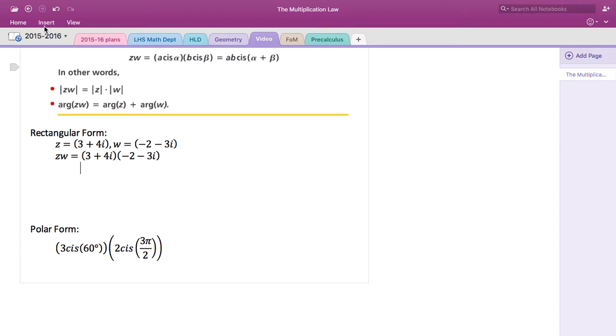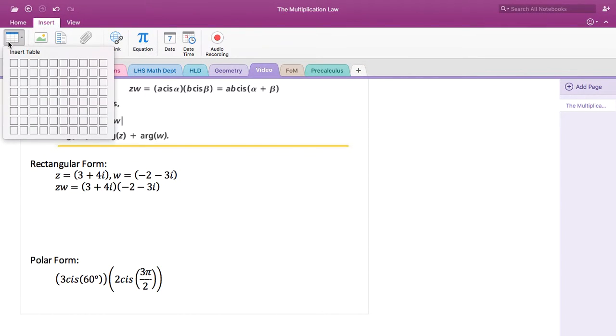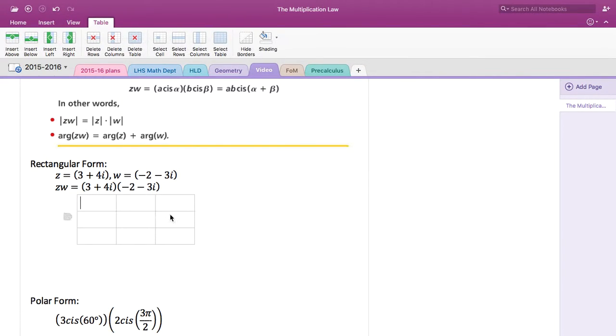We can treat i like a variable, so we can use the box method that we learned in Algebra 1.